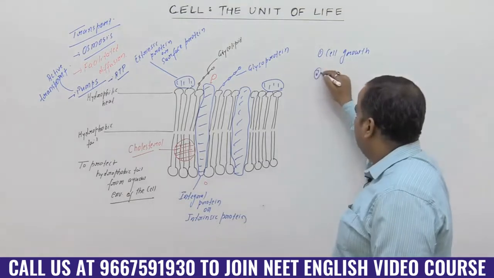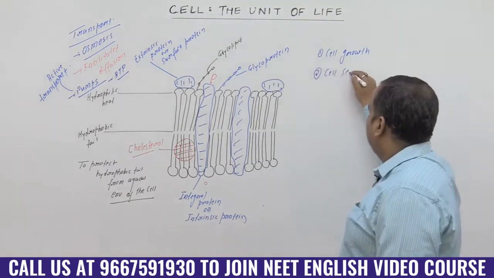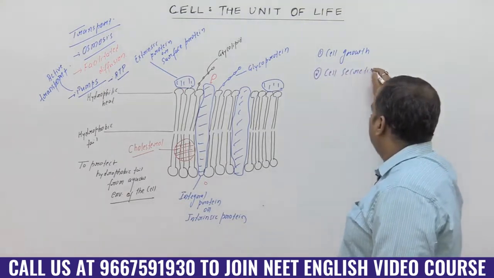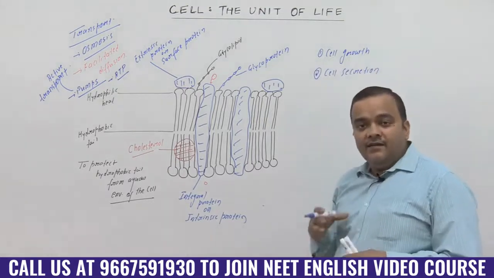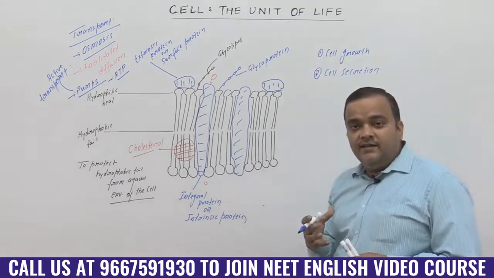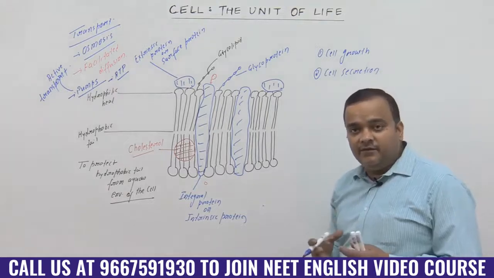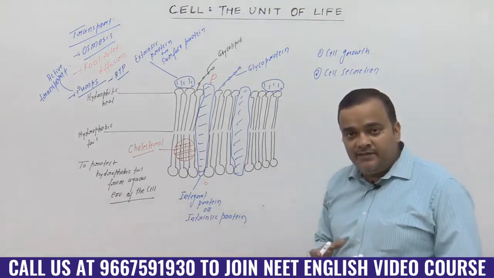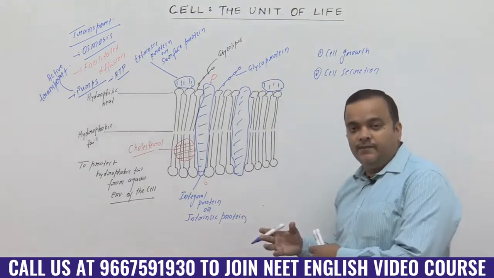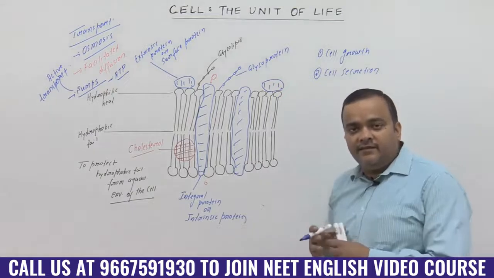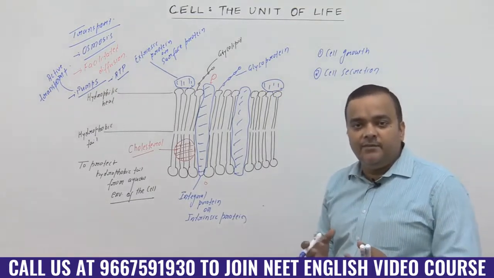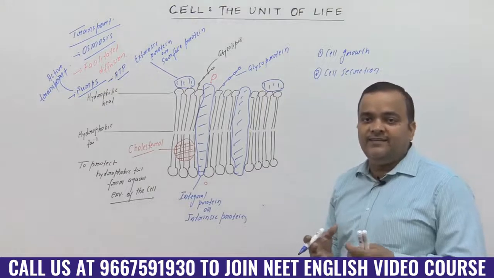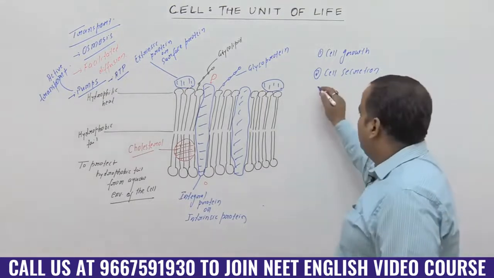Second, cell secretion. Cell secretion means within the cell, substances are delivered in packaged form between the cells or within the cell, and packaging is with the help of the membrane, and this process is known as cell secretion.